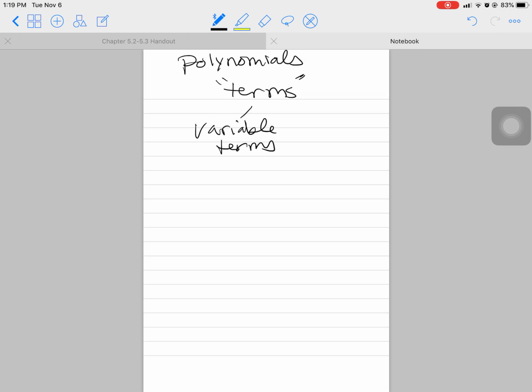So variables like x and p and t and so forth like that. You can also have a constant term that looks like a 5 or a 22 or a 24 or a -4 or something like that. They're just numbers without variables next to them.